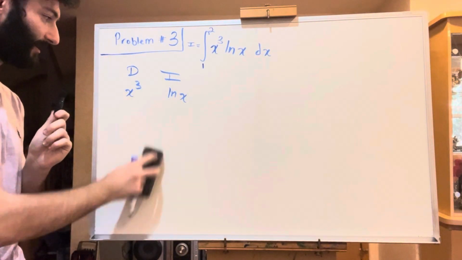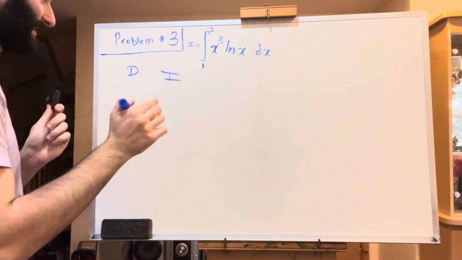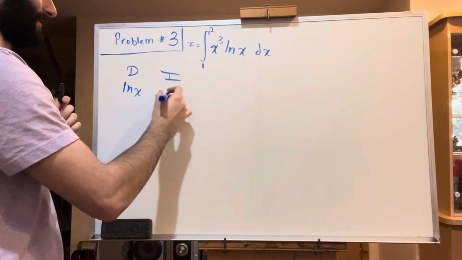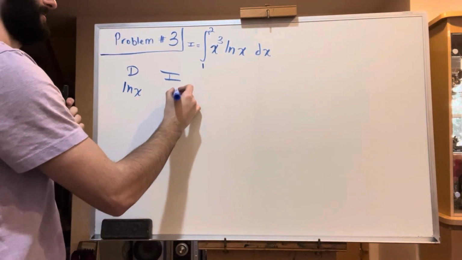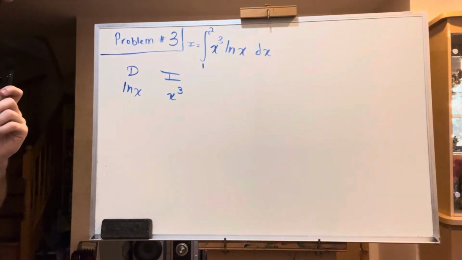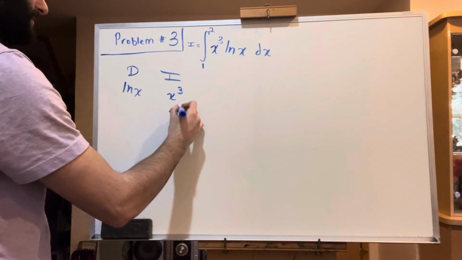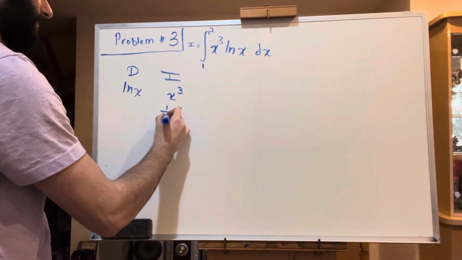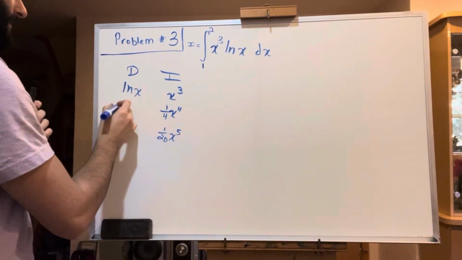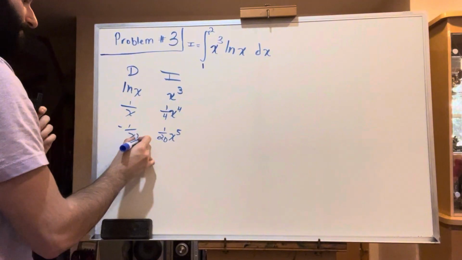But in the meantime, we're going to set our differentiation column to ln of x and integration to x cubed. Those are very trivial to differentiate and integrate. So this becomes x to the fourth, 1/4, x to the fifth, 1 over 20. This becomes a 1 over x, and then a minus 1 over x squared.